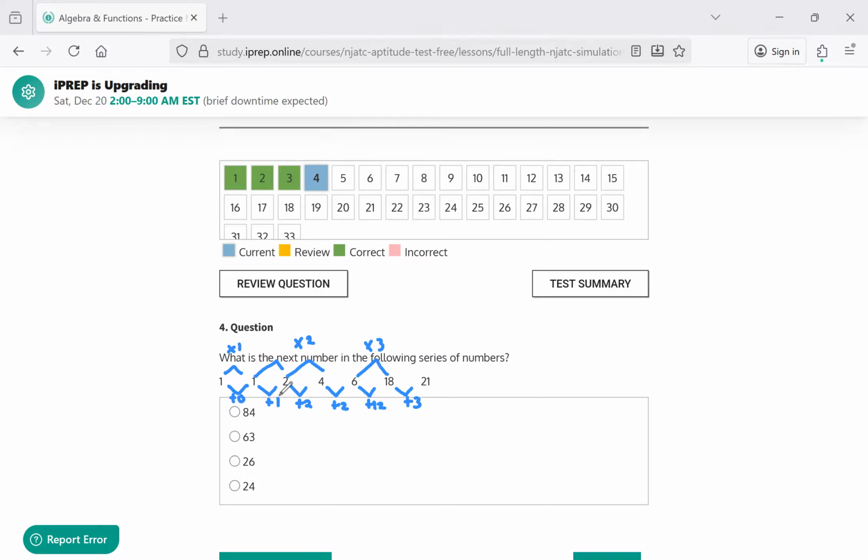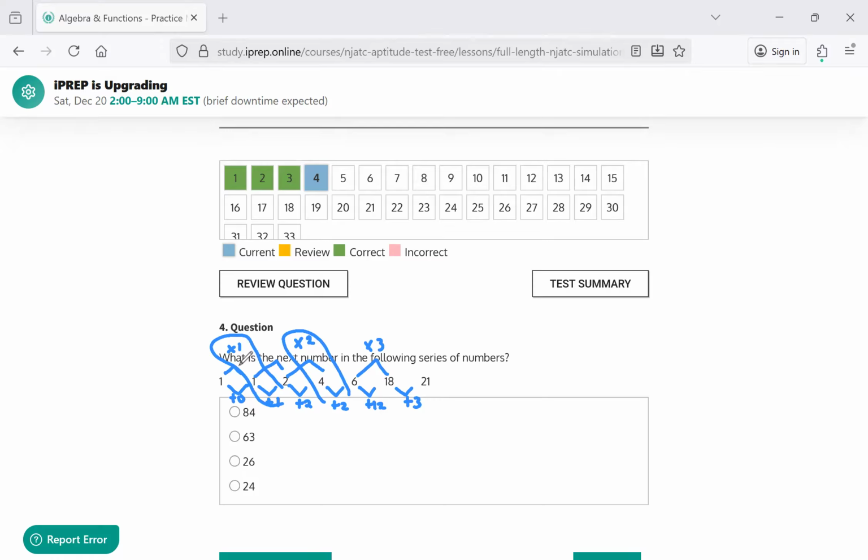If you look at it this way, these numbers stay the same, and so this number stays the same. So it looks like the pattern is you multiply by 1 and then you add 1, right? And then the next is multiply by 2 and add 2.